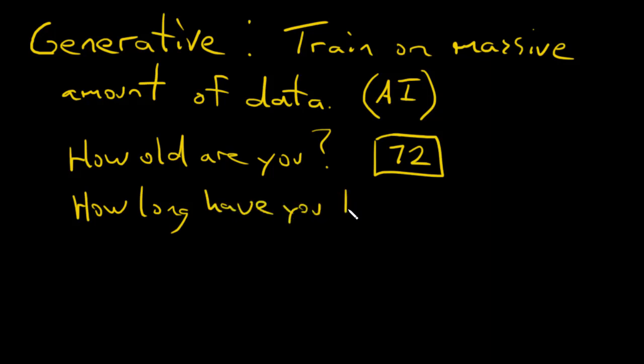A good model would have to be able to recognize that both of these questions are pretty much the same thing. You want it to output 72, but if it doesn't see that these things are pretty much identical, it may not. So that's just one reason why generative models are difficult.